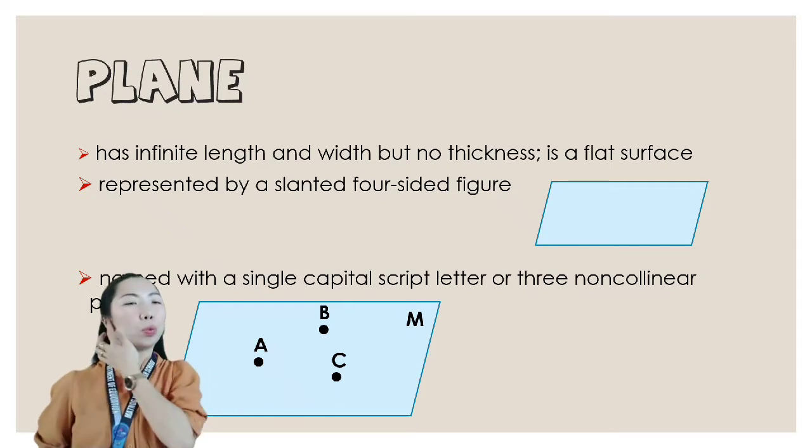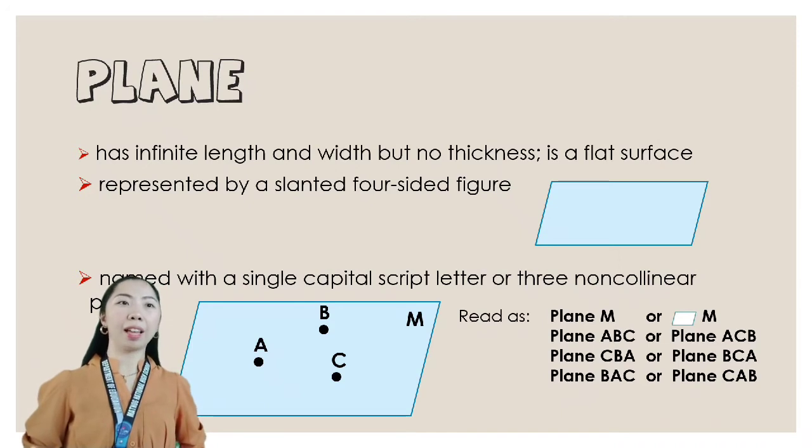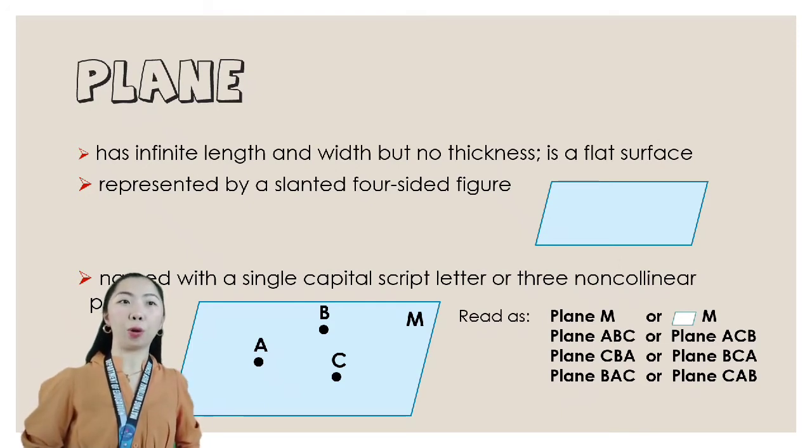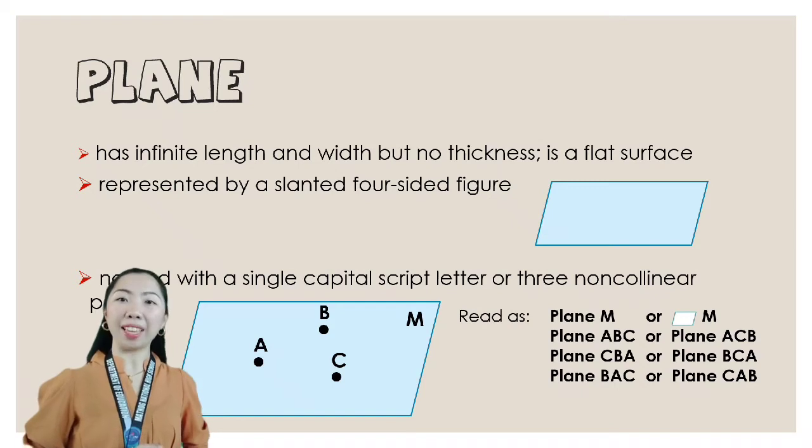We may read them as plane M, plane ABC or plane ACB, plane CBA or plane BCA, or plane BAC or plane CAB.